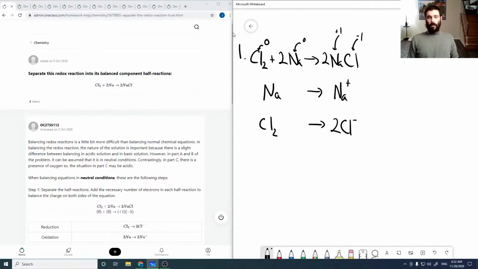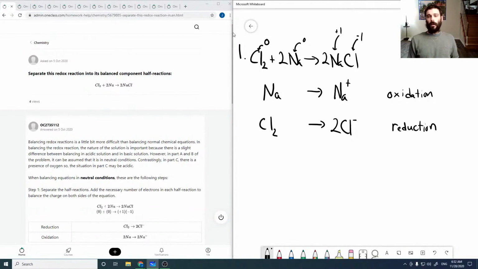The side that we add the electrons on is always going to be the same, no matter whether it's the oxidation or reduction. So for every oxidation, it'll always be on the same side of the reaction.